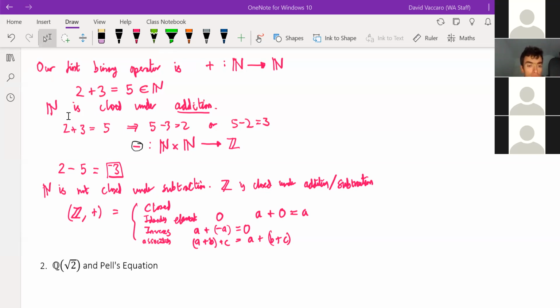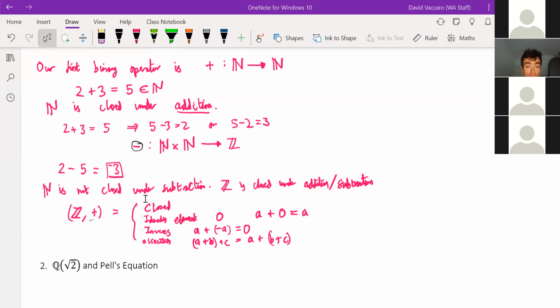Does anybody know the name for the mathematical structure which is a set with a binary operator, which has these 4 properties: you stay within the set, you've got an element that doesn't do anything, you can always put 2 elements together to get back to the identity, and it doesn't matter the order in which you bracket things up.